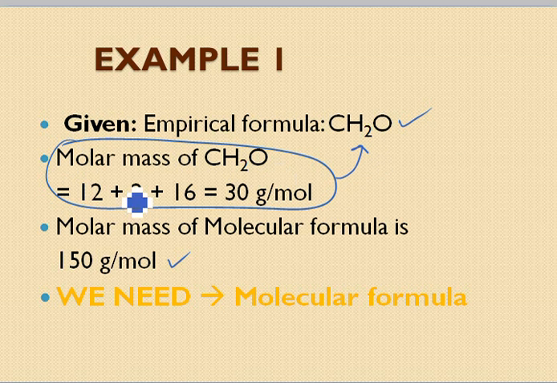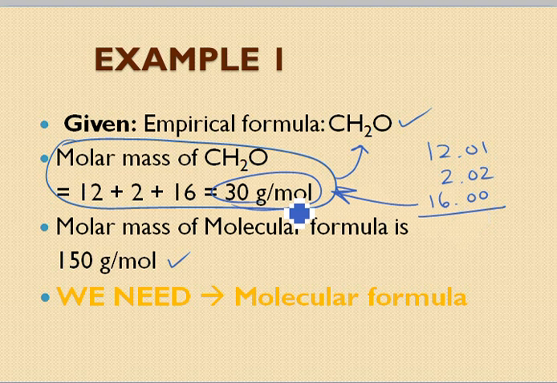So we have 12.01 for carbon, 2.02 for our 2 hydrogen, and 16 for our oxygen. So that gives us 30 grams per mole. So now we have 2 lots of molar mass and an empirical formula. Remember, we are looking for the molecular formula.